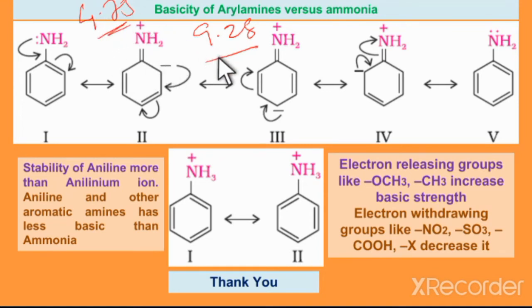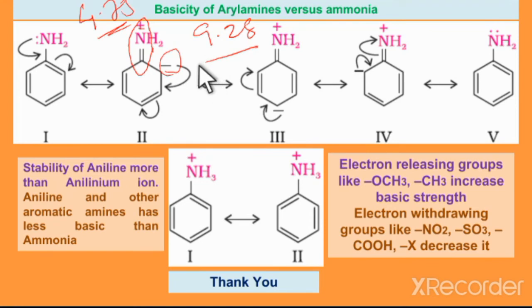The basicity of aniline is less than ammonia due to resonance. The lone pair of electrons present on the NH2 in aniline is delocalizing towards the benzene ring. As a result, the pair of electrons moves towards the ring and forms a double bond between the nitrogen and the first carbon of the aniline, and nitrogen gets a positive charge, which can undergo resonance. Then we can get five resonating structures.